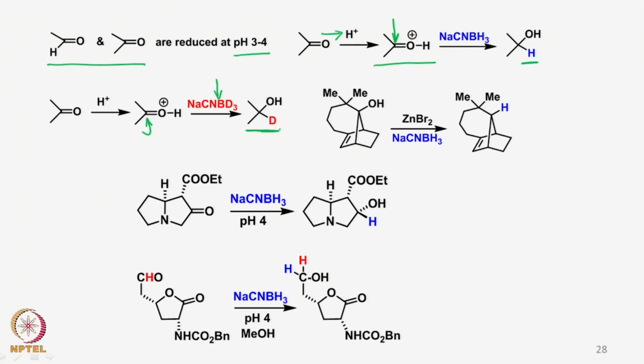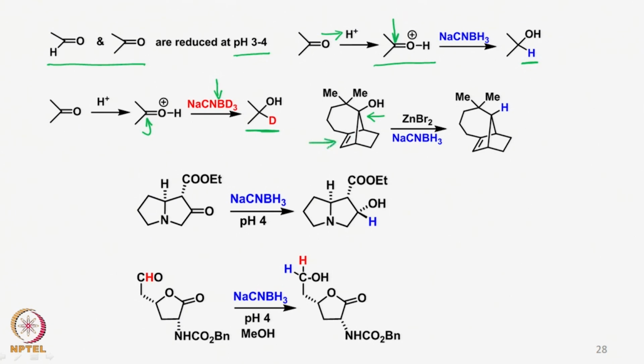For example, if we take an alcohol of this kind, a tertiary alcohol, it can easily react with a Lewis acid and form a carbocation, which is a tertiary carbocation.